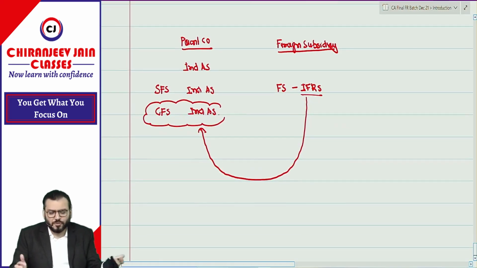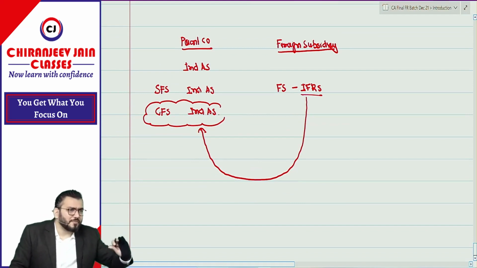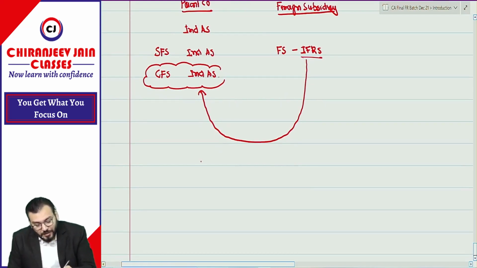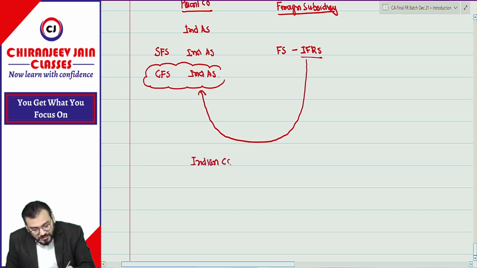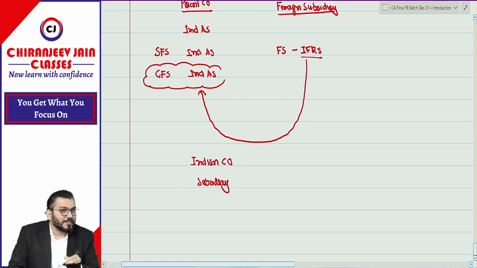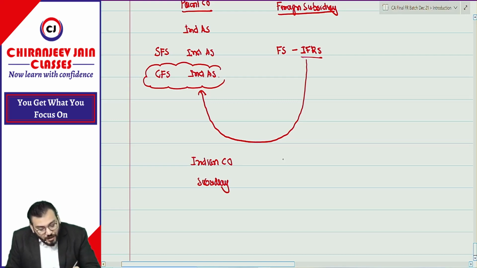Now, of course, his doubt is what? Suppose the Indian company is a subsidiary company. This is your doubt, right? The doubt will come only when this point arises. And the foreign company is a parent company.